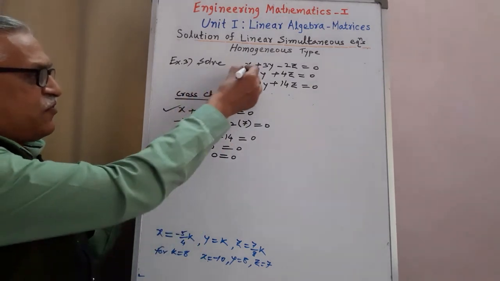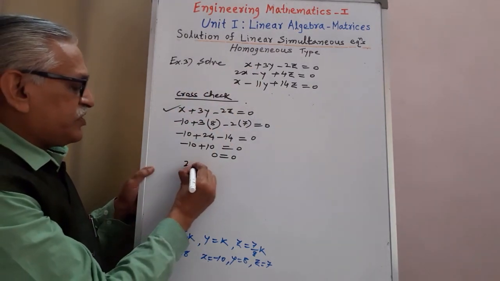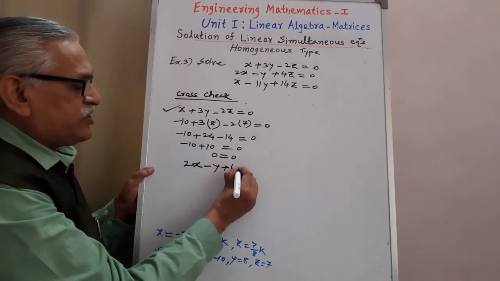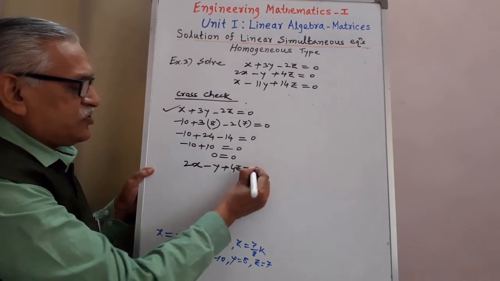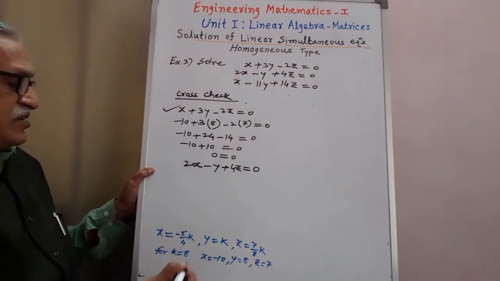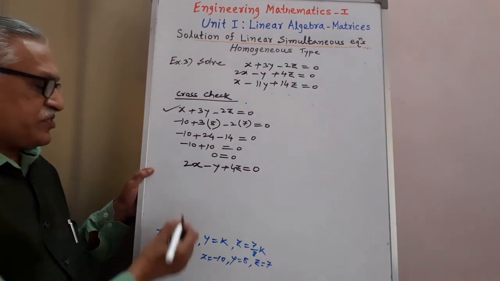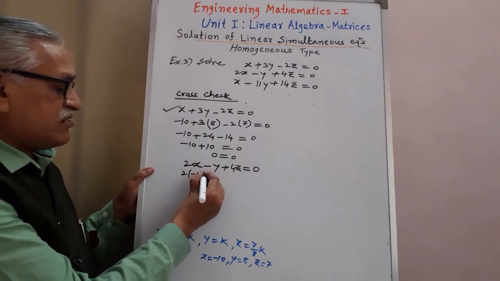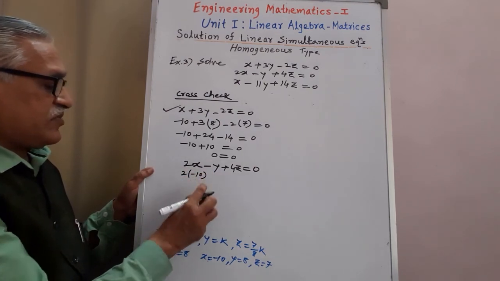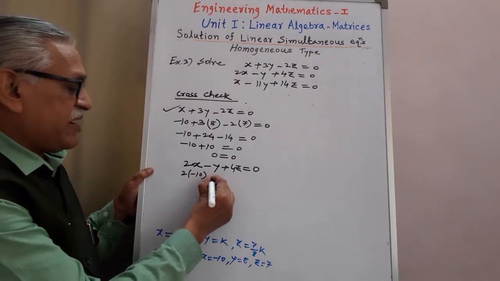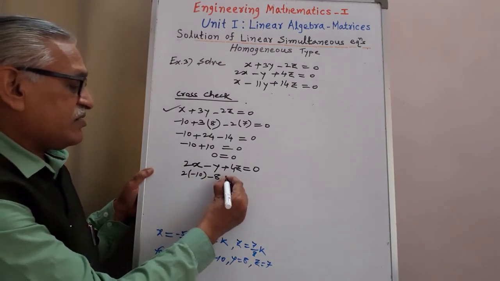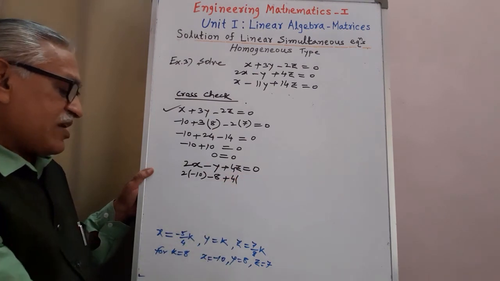Okay, then we go for the second equation. Second equation is 2x minus y plus 4z is equals to 0. We have to check for all the equations. Therefore 2 into x, the value of x is minus 10, minus y, the value of y is 8, plus 4 times z, the value of z is 7.